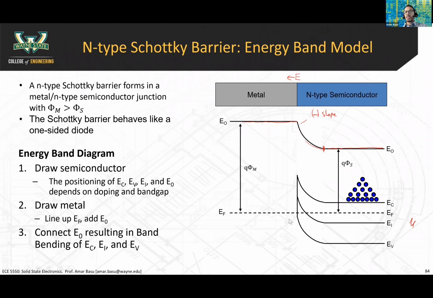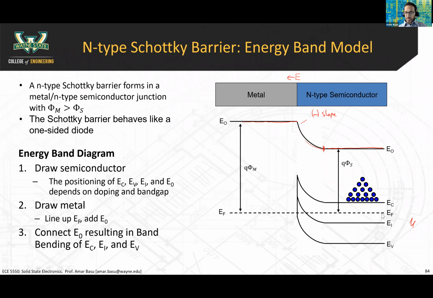The process we use in energy band diagrams: first we draw the band diagram by lining up the Fermi levels and then bending the bands accordingly. The second thing we do is think about what the carriers are doing. Where are the carriers and what are they doing? We have to think about a couple things here.